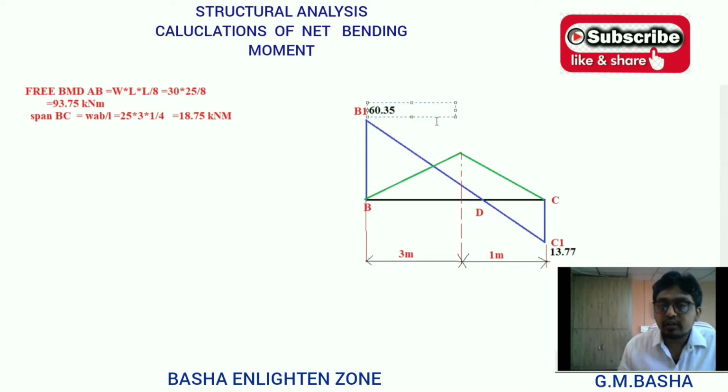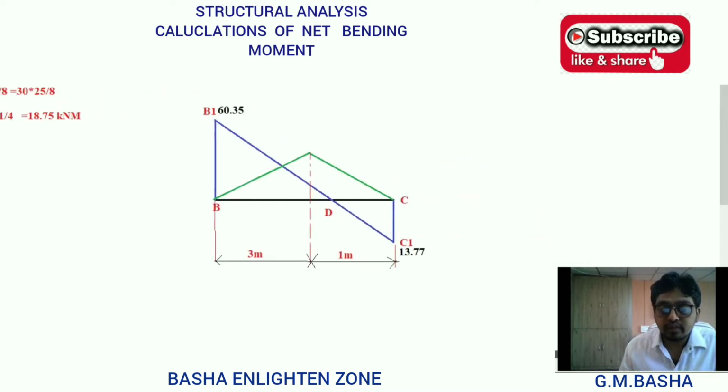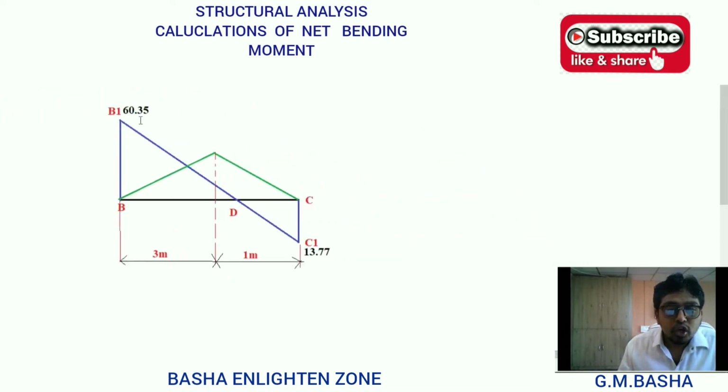You will know the ordinates for the triangles DB and B1, and for DC and C1, but you don't know the distance of BD. You know the distance exactly under the load, but we don't know the distance for these two similar triangles.